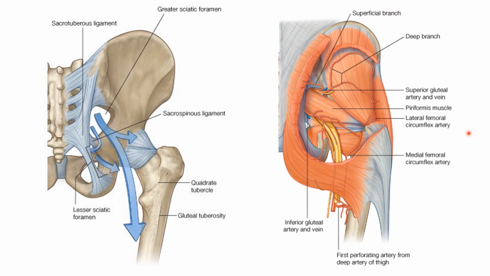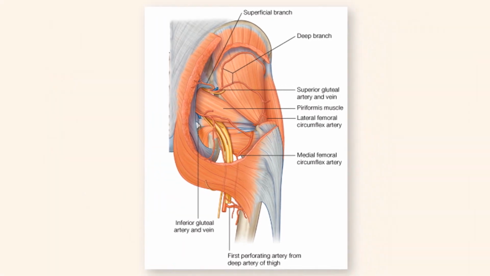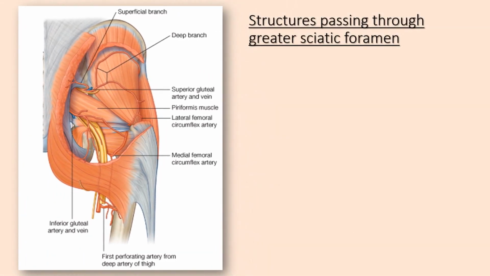The same picture showing piriformis. Let us enlist the structures. These are the structures passing through the greater sciatic foramen.